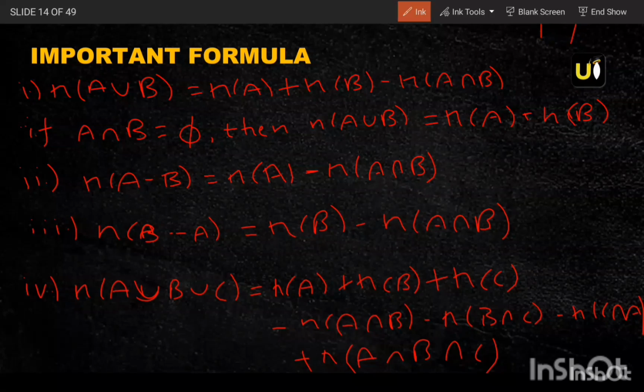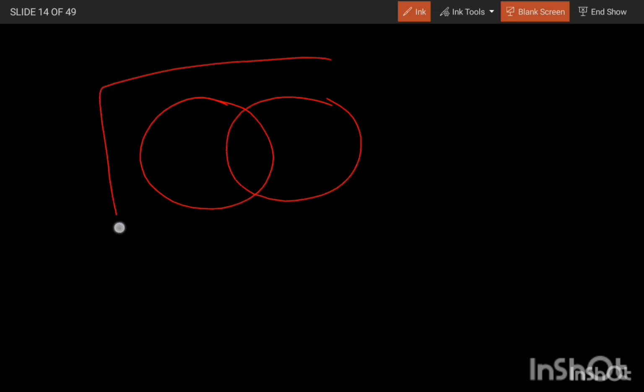So now let's discuss some important formulas of set theory. n of A union B is defined as the number of elements present in A plus the number of elements present in B minus the number of elements common to both sets A and B. So let's look at a Venn diagram to understand it better.